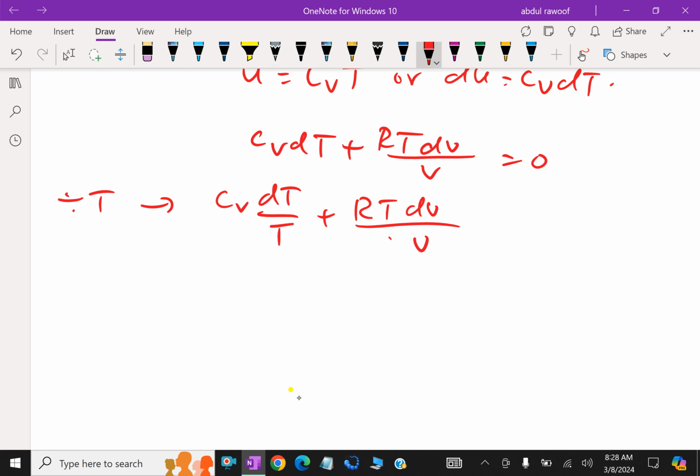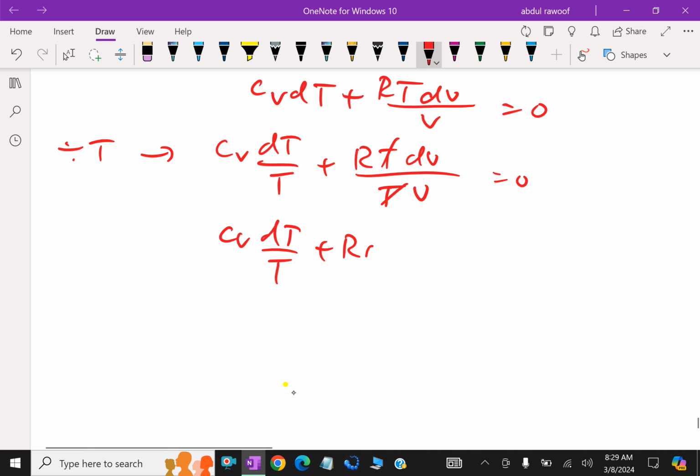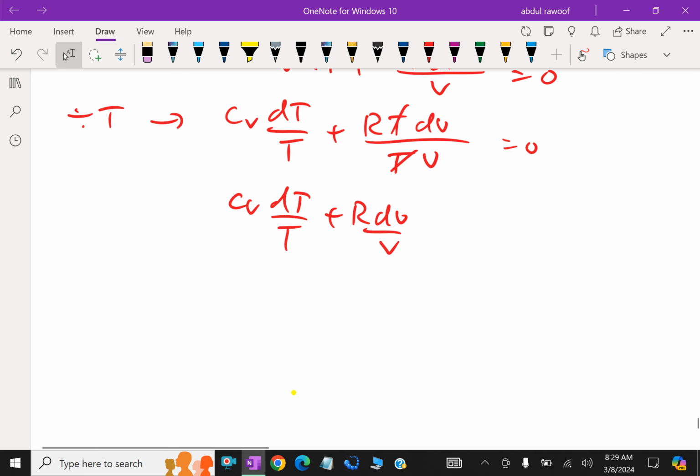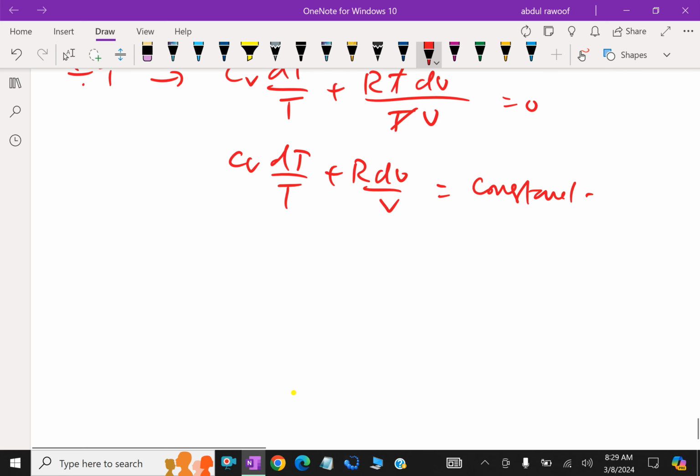Then T cut. Therefore, you can write Cv dT by T plus R dV by V is equal to constant.